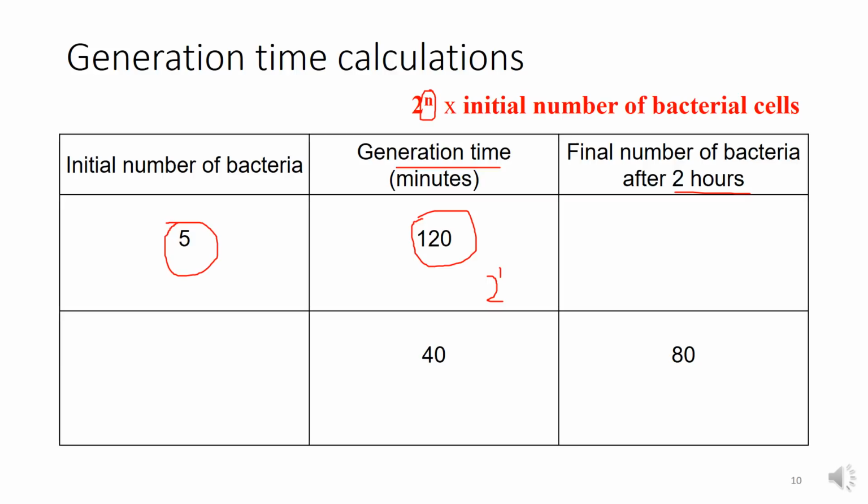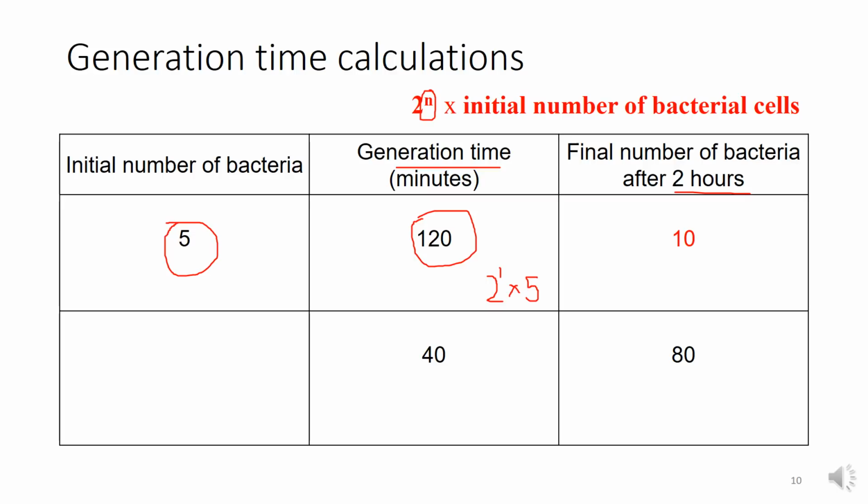So if we start with 5, it is 2 to the power 1 times 5 cells. What will be our answer? 2 to the power 1 is 2 itself, right? So 2 times 5 is 10 bacterial cells after 2 hours. Let's look at another example here.